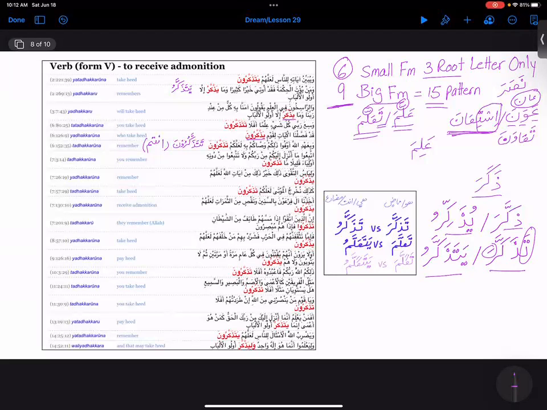If it was fil mudariya, then it should have dhamma. Right? So that should tell you. Same is with ta'allama. This ta is basically part of the pattern, which is taking it to a different family, a different bab. And this ta even should not confuse you that this is mudariya. Why not? Because we are going to look at that.